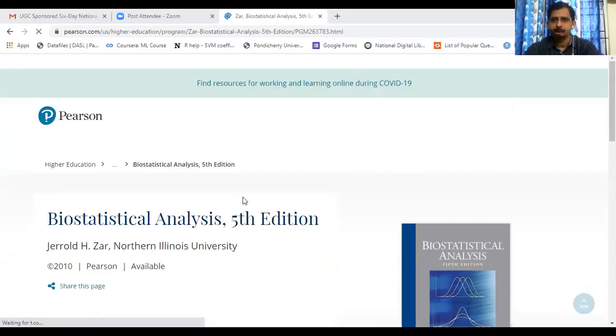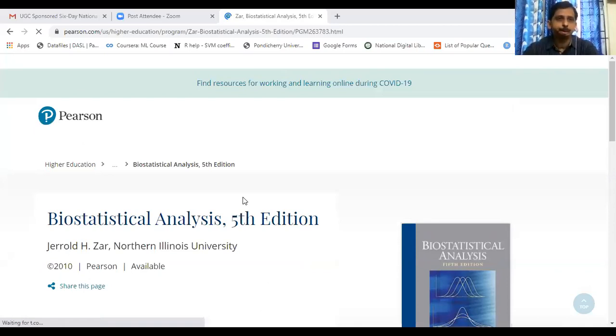This is one best book, Biostatistical Analysis by Zar. Very nicely starting from the scratch of statistics: basic statistics, probability distributions, graphs, all inferentials, regression, repeated measures, they have covered very nicely.